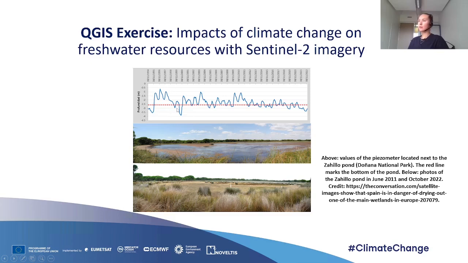The depth of this lake is fluctuating, of course, and starting from 2014, 2015, we see that it's getting drastically lower and lower, reaching more and more the bottom of this lake.